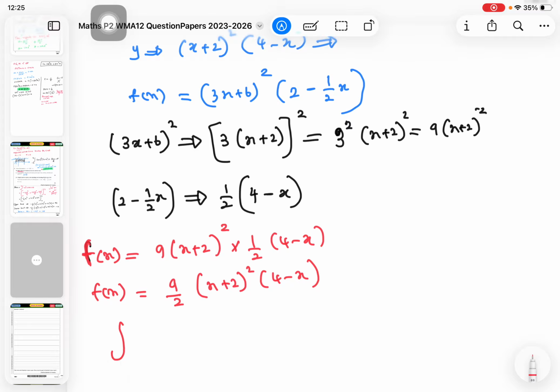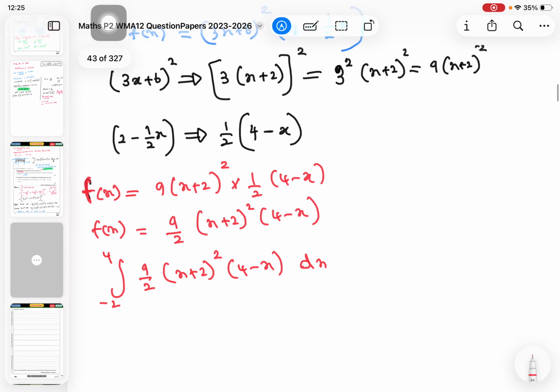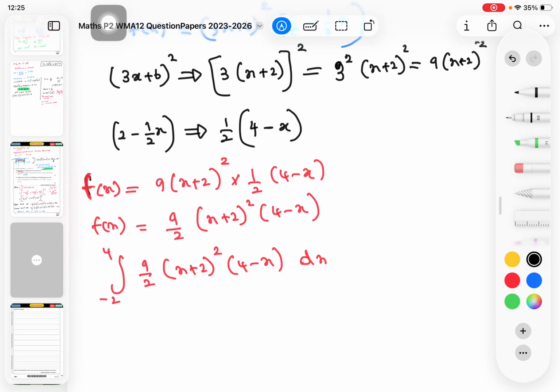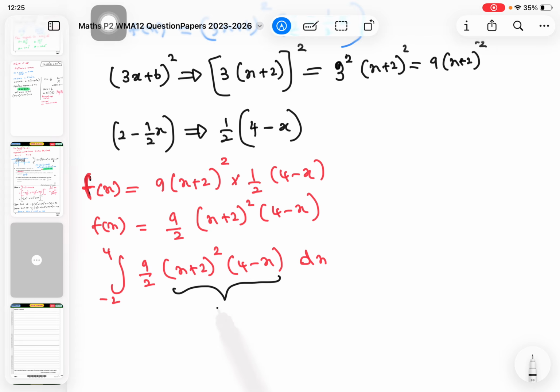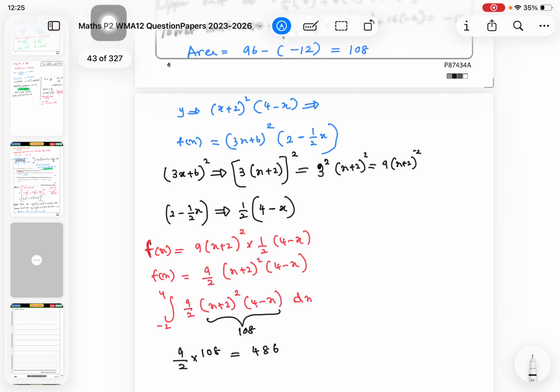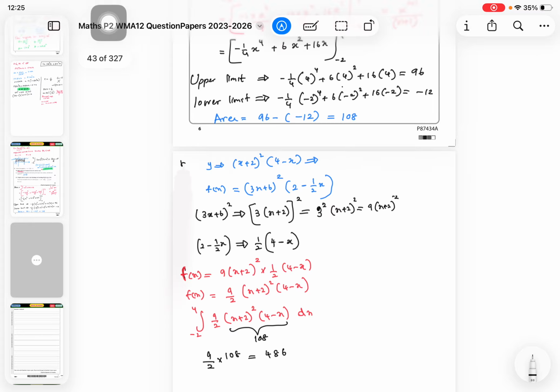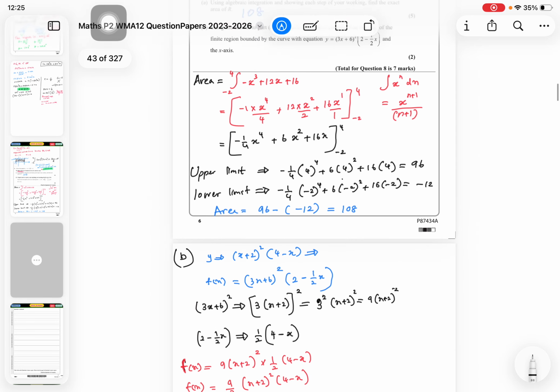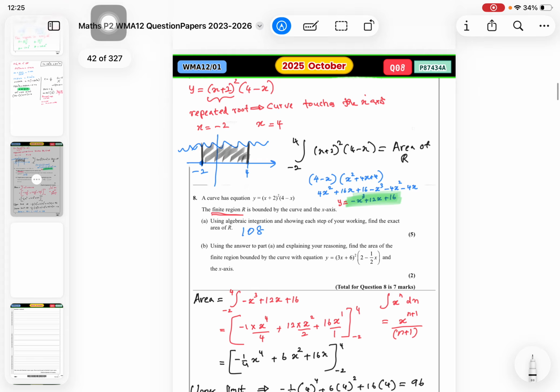Whenever we integrate this over the same range, this part would give us 108. So this will give you 9/2 times 108, which is 486. This is how we do the second part of the question by using the first part.